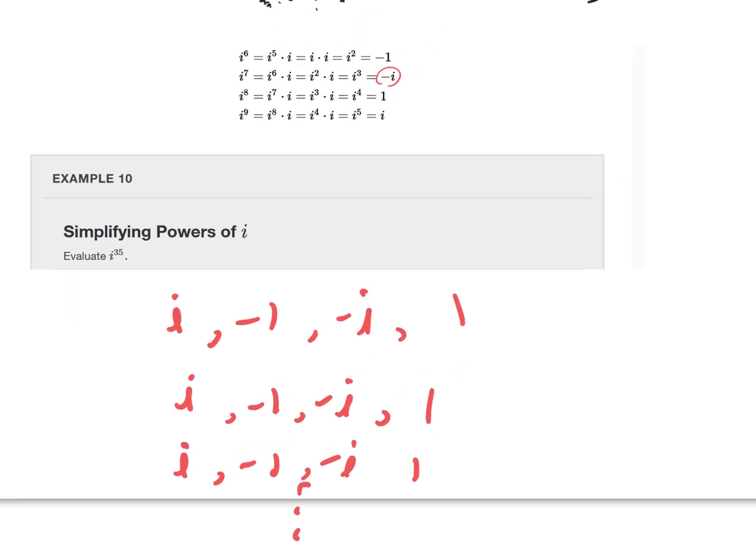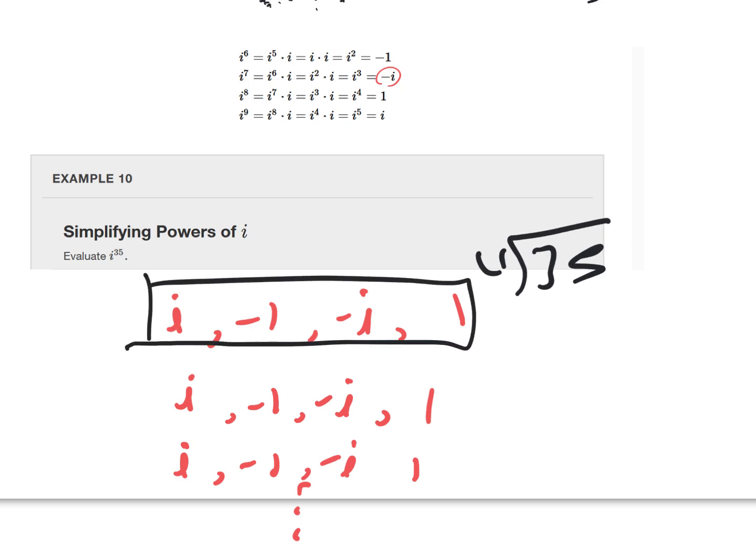But why don't we just take 35, and take away the full sets of 4? How many of those do I have? 4 goes into 35, 8 times. 8 times 4 is 32. 9 times 4 is 36, so it has to be 8 times.